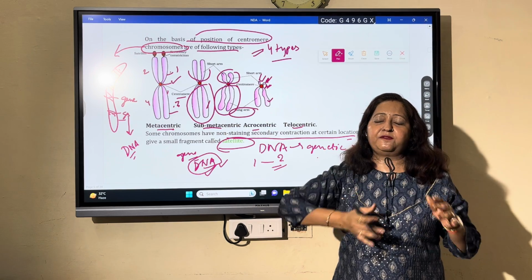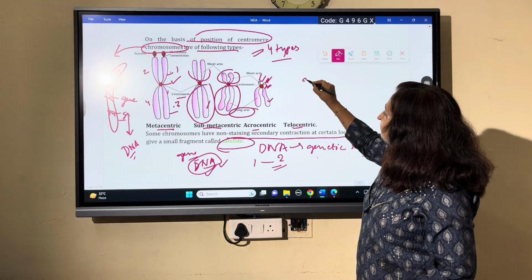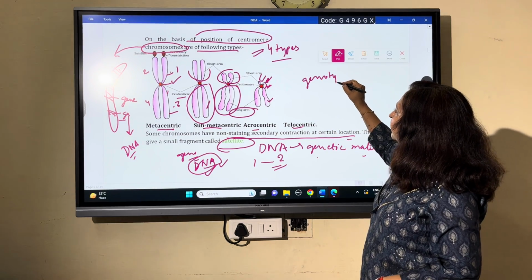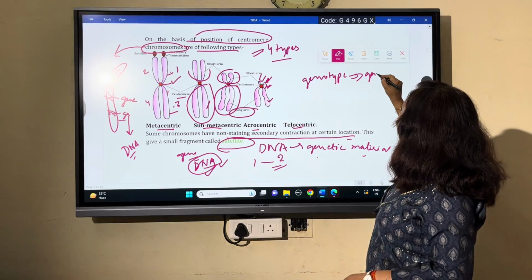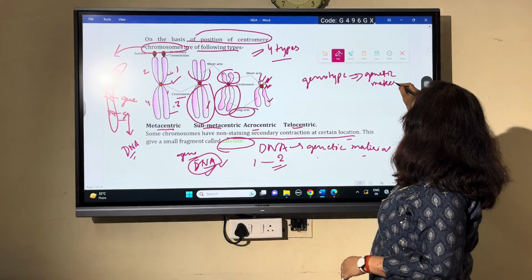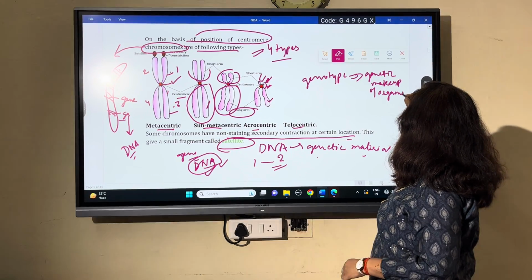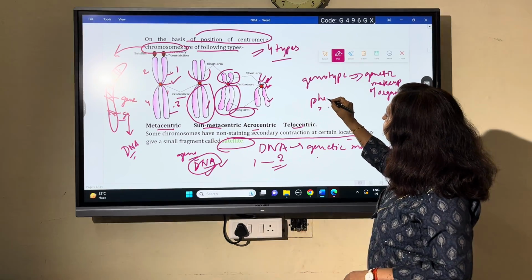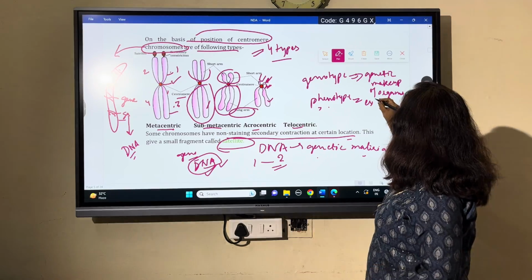So all the genes in the body together are known as genotype. Genotype is the genetic makeup of an organism, and phenotype is the external characters.